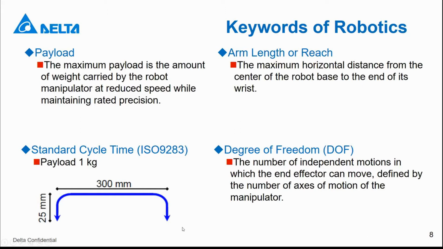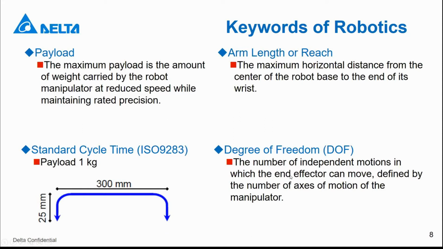This is one cycle, and the payload used to test is usually 1 kilogram. How fast the robot moves along this path becomes the standard cycle time. So with the standard cycle time, you will know the speed of the robot.